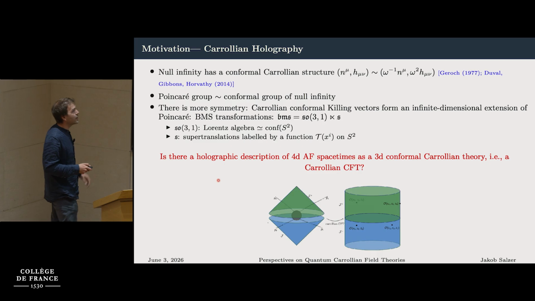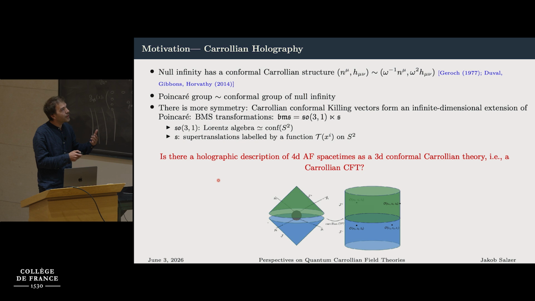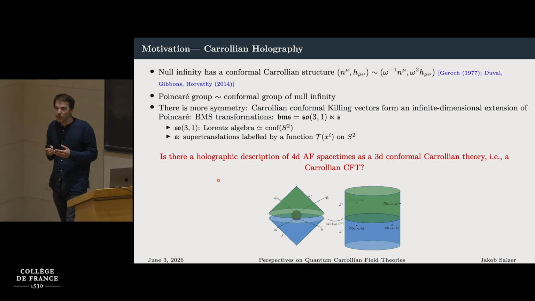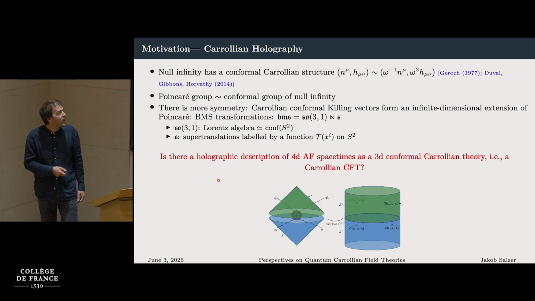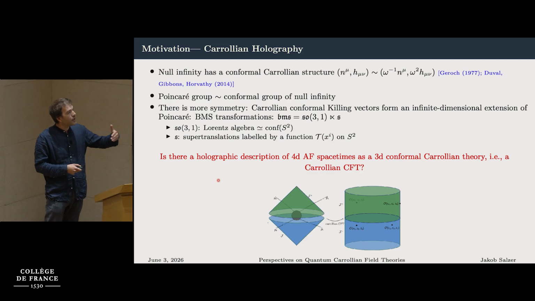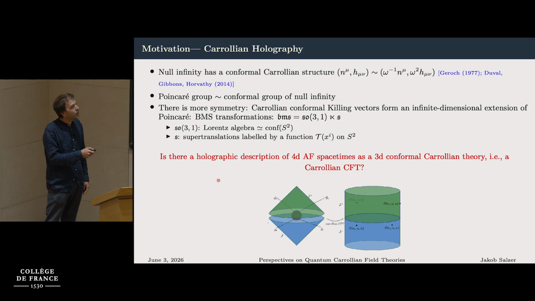Very similar to what I said before, if you look at the conformal Killing vectors leaving this structure invariant, you find the Poincare group, but in fact you find a much, much bigger group, which is the Poincare group extended by so-called supertranslations. And cutting down this function, again, to the 4 lowest modes, you recover the Poincare group.